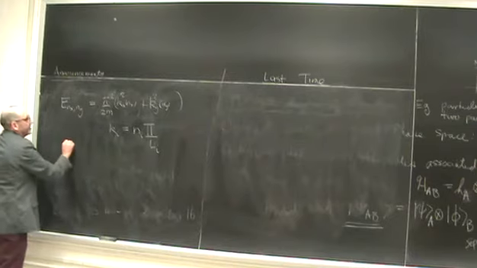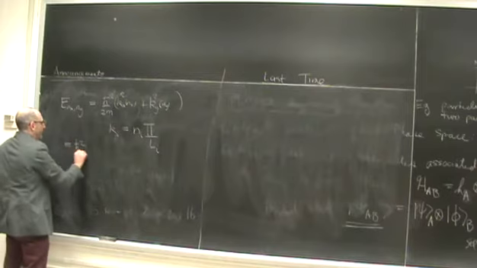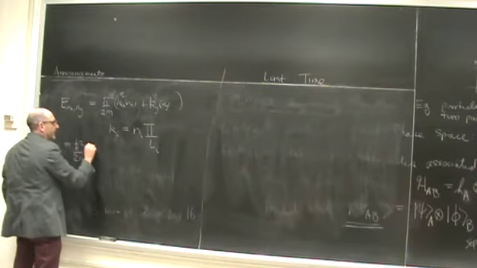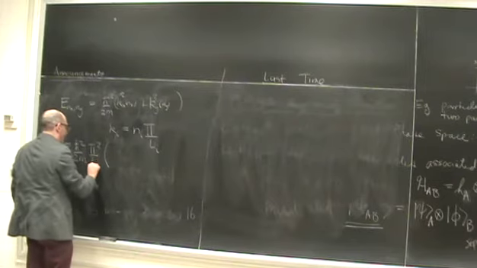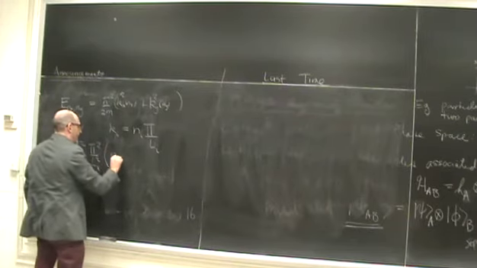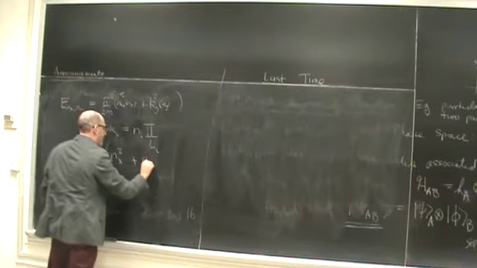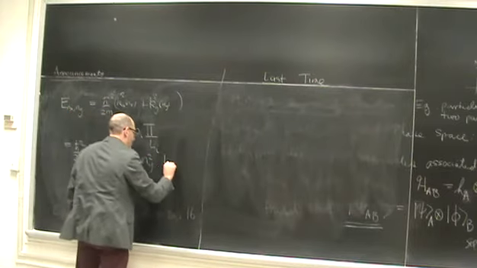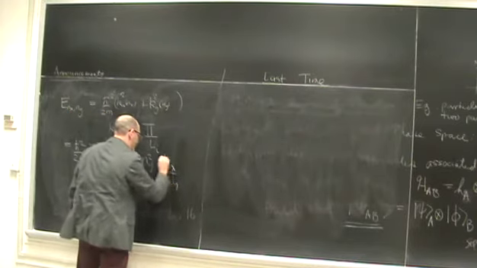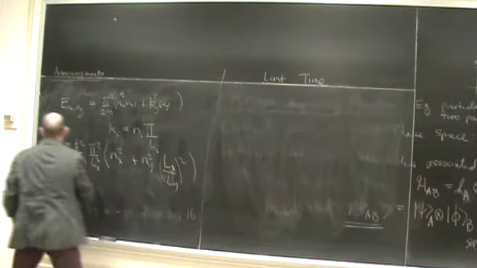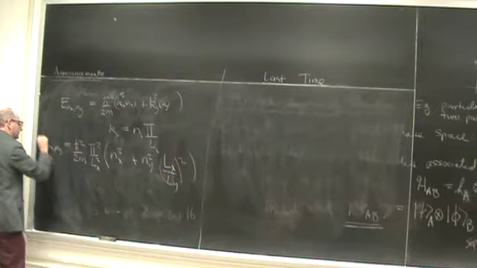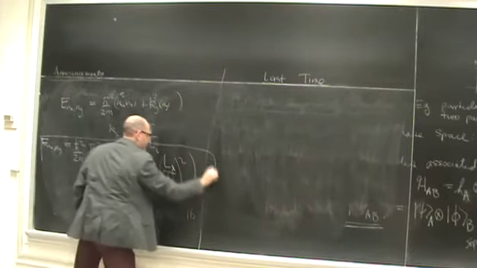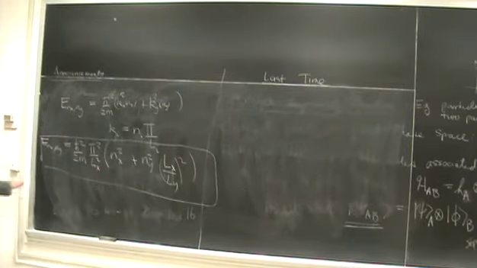So this energy is hbar squared over 2m pi squared. I'm going to factor out an L_x squared, n_x squared plus n_y squared times (L_x over L_y) squared. Okay?